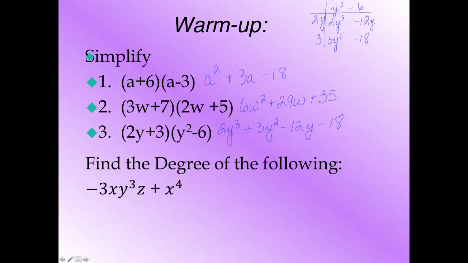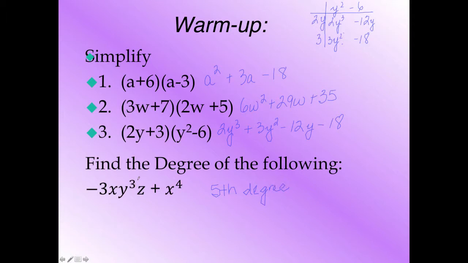So I wasn't able to combine these terms even though they were on the diagonal. So do be careful when you're multiplying, even using the box method. It may not be quite as perfect as you think. So I did end up with a four-term polynomial. Question is, find the degree of the following. Hopefully you have this. This is a fifth degree binomial. Why is that?